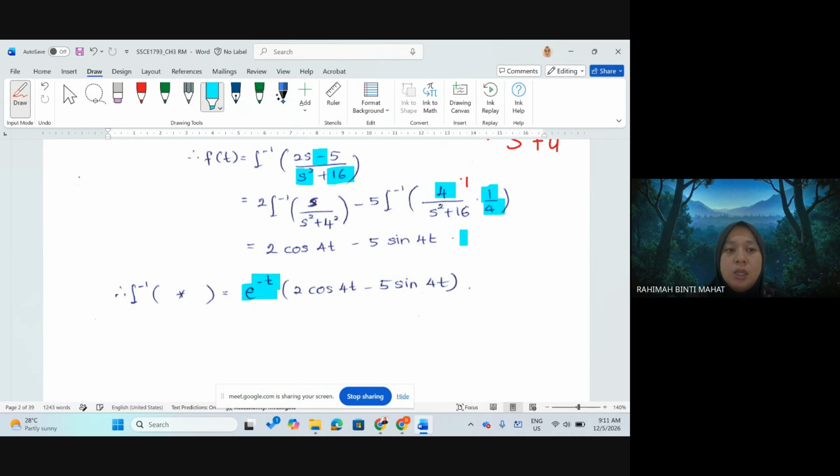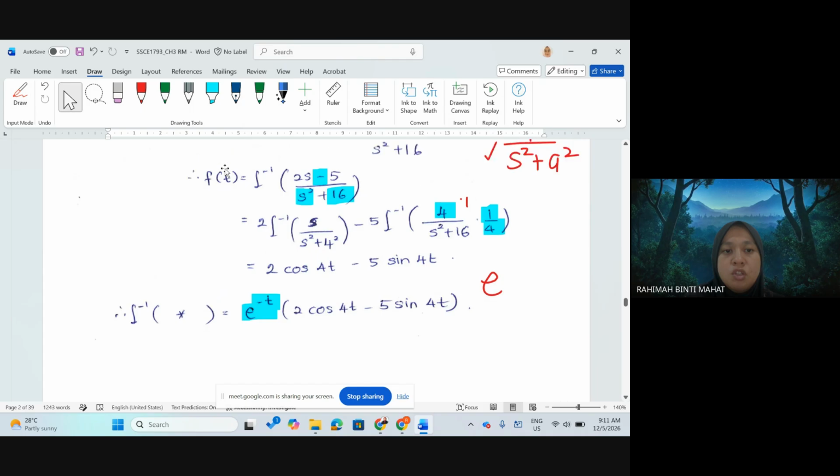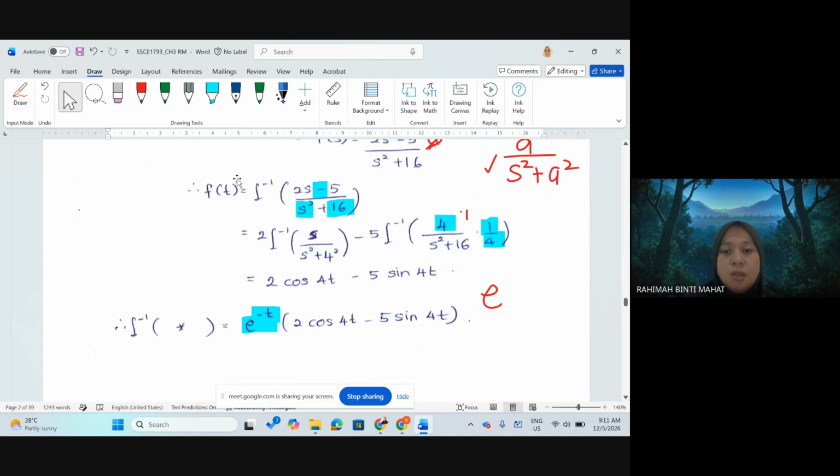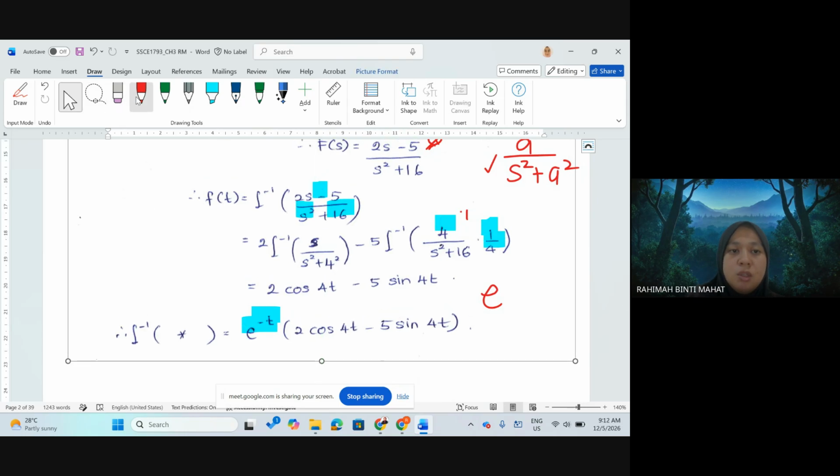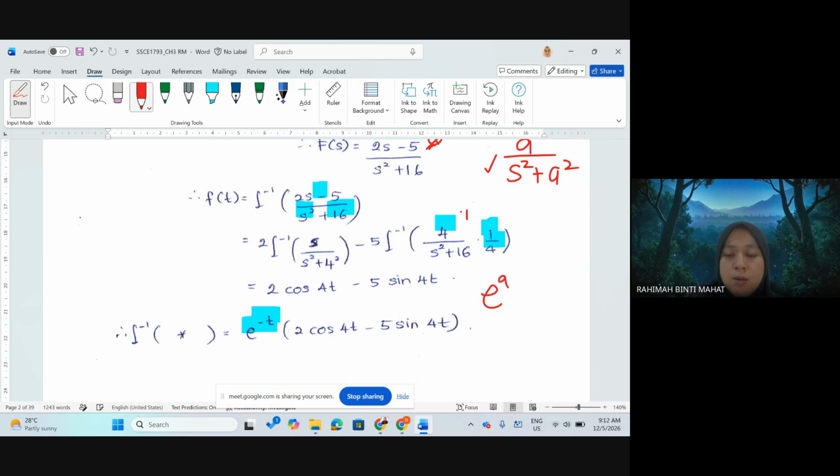If I'm not mistaken, the formula is exponent at. You check the formula of Fs minus a here. This one is exponent at ft. So what is your a? a is negative 1. ft, from the previous part, you already found the value.